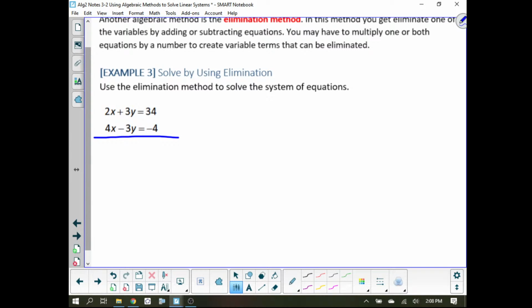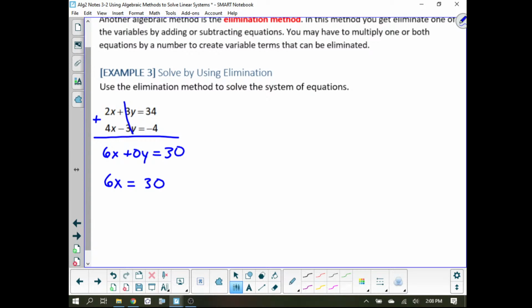If we add them, which variable drops out? The y's are going to disappear, right? I add down and I get 6x plus 0 times y equals 30. But 0 times y is just 0, so I don't really need that. It's just 6x equals 30. Right? We eliminated the y's by adding the two equations.